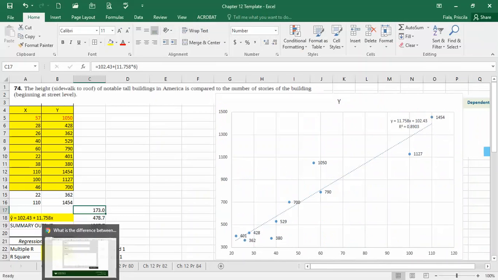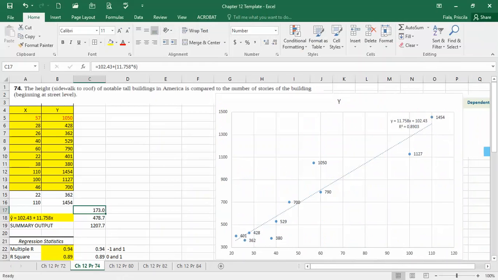So 100, and how much is that in a 6 story building? 173. So let me do feet to meters. So 173 feet is 52 meters.